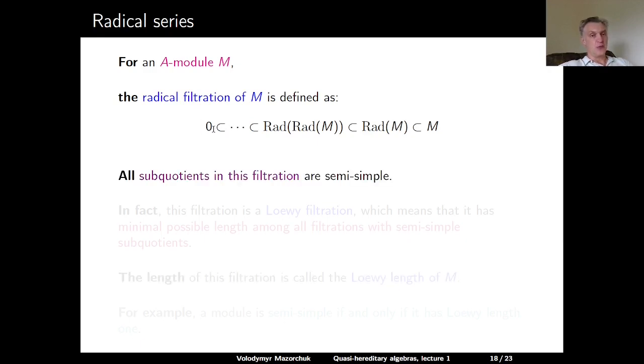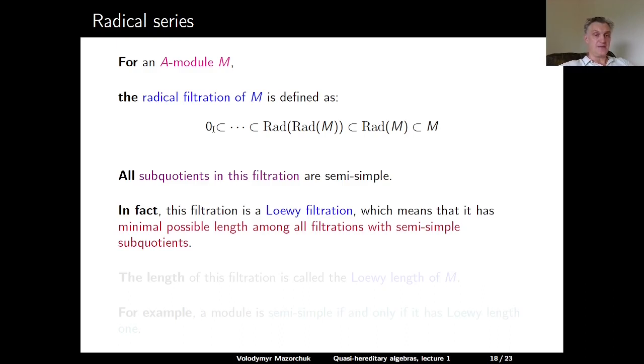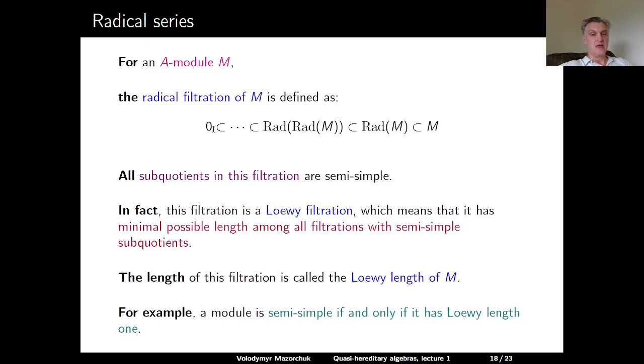Of course, all subquotients in this filtration are semi-simple by the definition of the radical, and in fact, this filtration is a Loewy filtration, which means that it has minimal possible length among all filtrations with semi-simple subquotients. And the length of this filtration is called the Loewy length of M. For example, a module is semi-simple if and only if it has Loewy length 1.